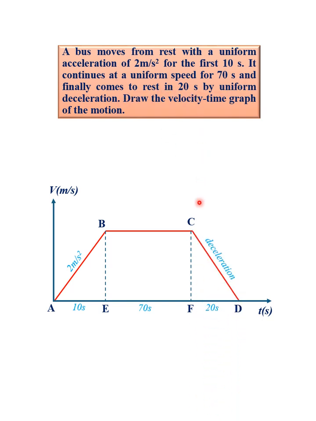It means it took 20 seconds to decelerate to rest, by uniform deceleration. So this is the velocity time graph of the motion. It's as simple as that.